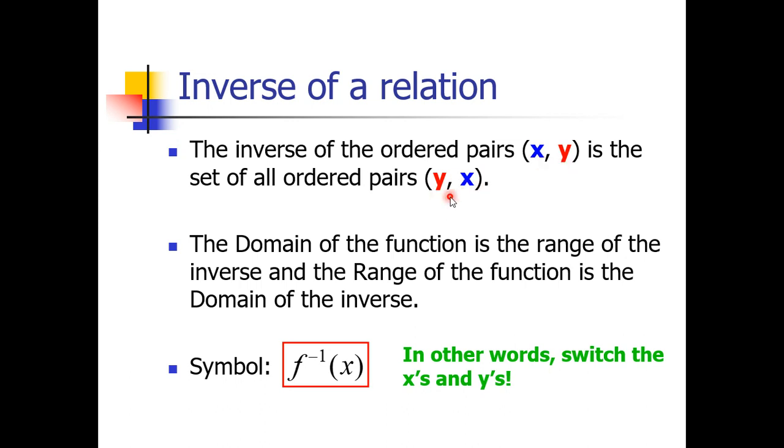And then kapag y po siya, gagawin po natin na x. Okay, and the symbol that we're going to use for the inverse function is this one. f raised to negative 1 of x. Itong negative 1 po na ito po yung nag-i-indicate po na yung function po natin is an inverse.